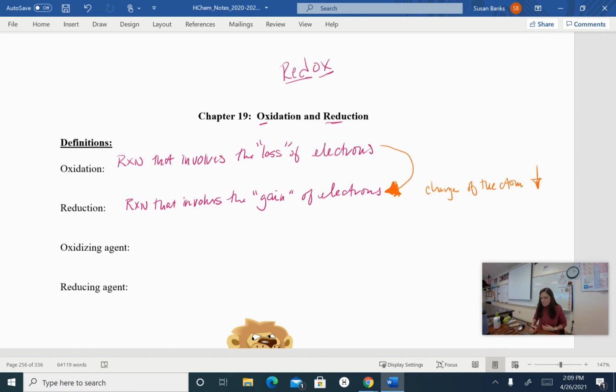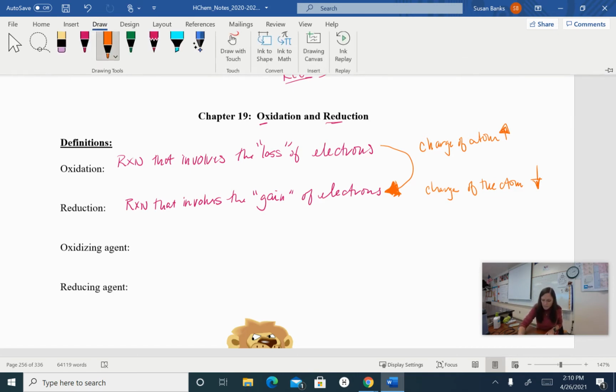And in oxidation, the charge of the atom that is oxidized becomes more positive, okay? So that's a good way to think of oxidation and reduction in terms of electrons. Even though reduction is gaining electrons, that overall charge of that atom goes down.